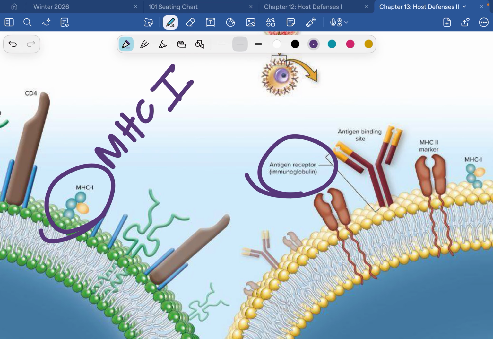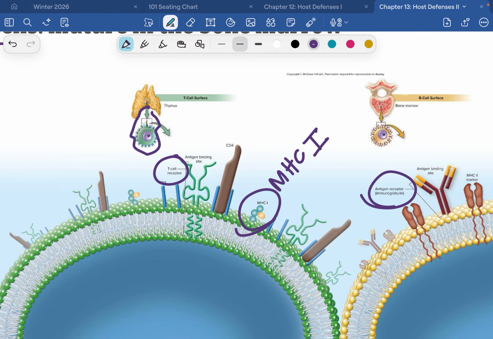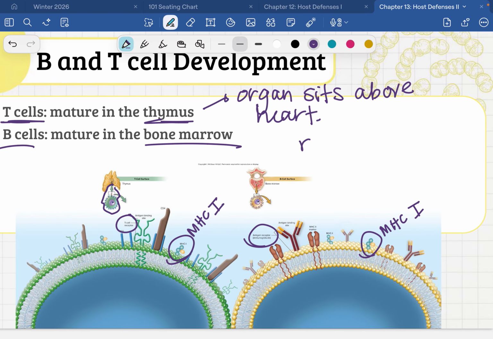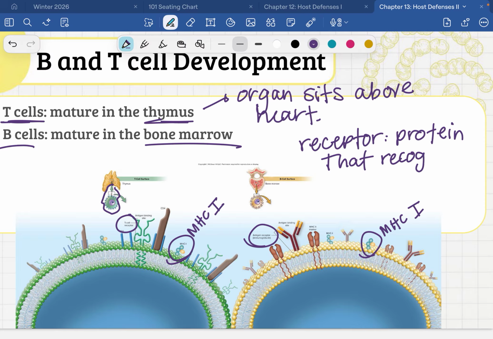It's more organized on the next page, but I wanted to show you this picture first. And a receptor is usually a protein that recognizes and grabs a specific antigen.